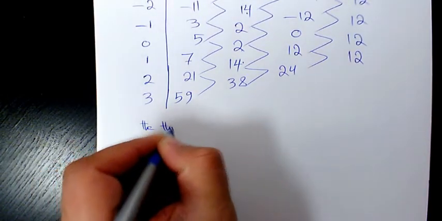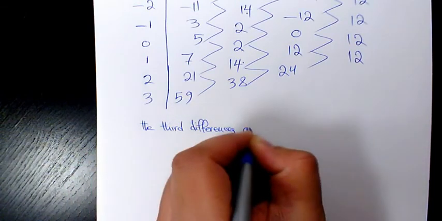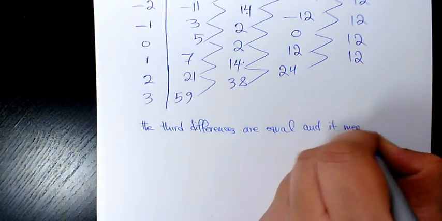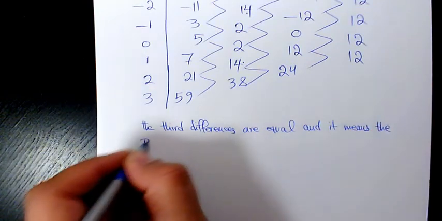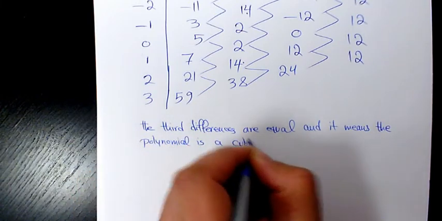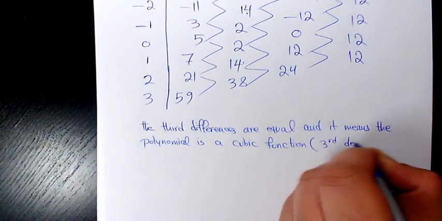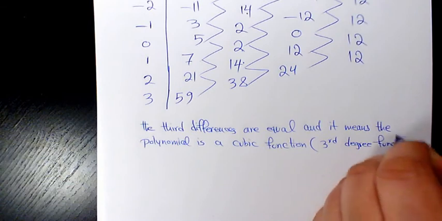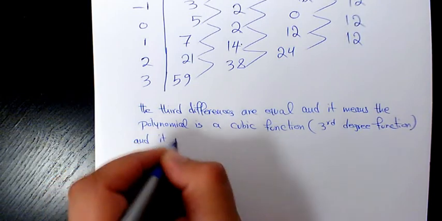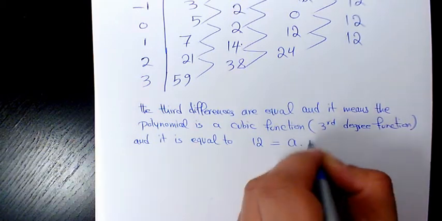The third differences are equal, and it means the polynomial is a cubic function, third degree function, and it is equal to 12, which is a times n factorial.